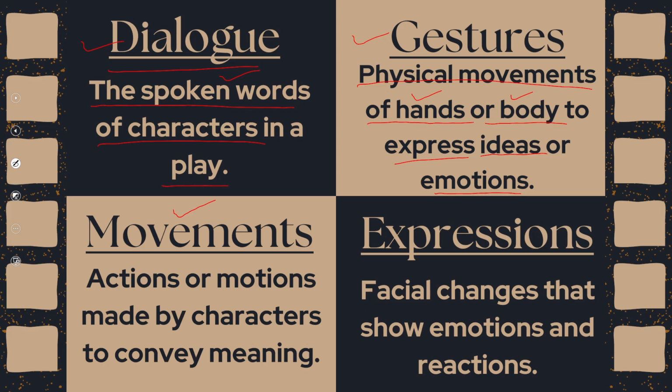So, movements are actions or motions made by characters to convey meaning. So, when the character is in anxiety, in tension, he's moving here and there. So, all these movements are showing the actual feelings and the things that are in the mind of the character.